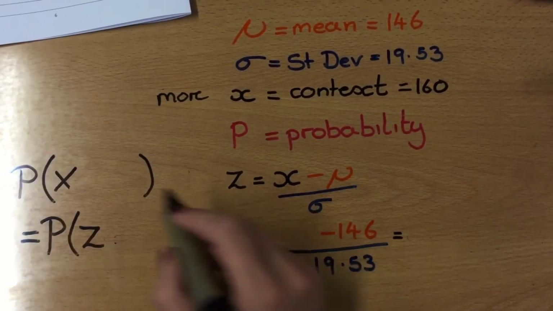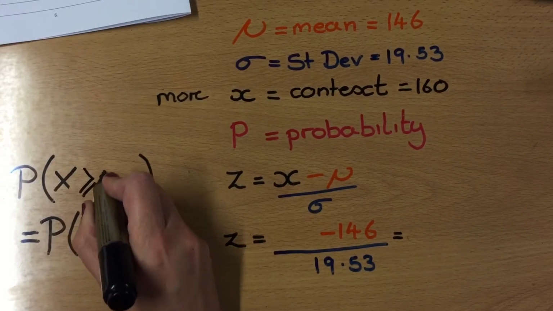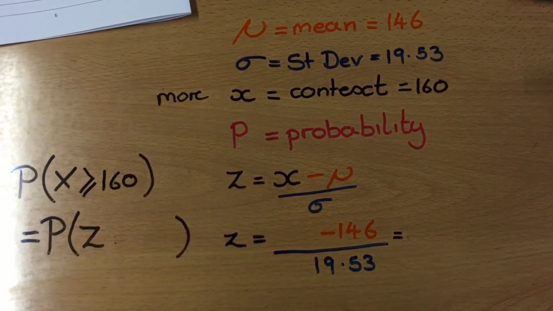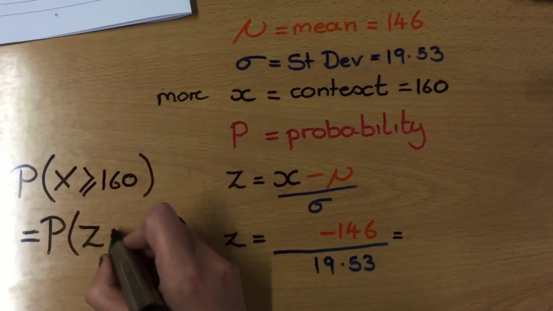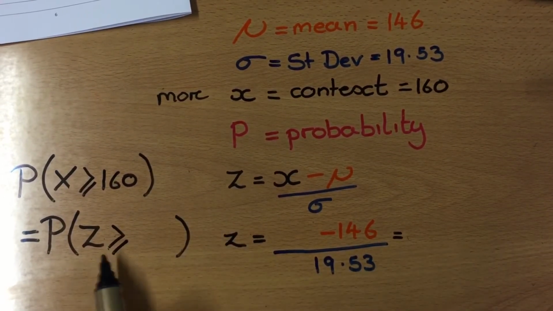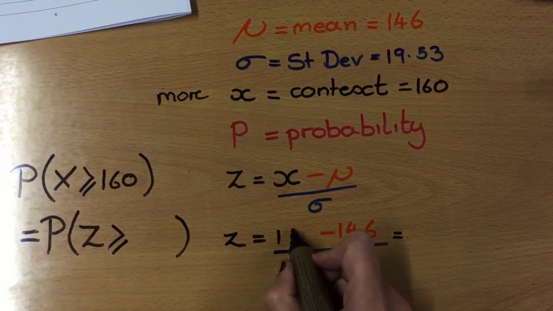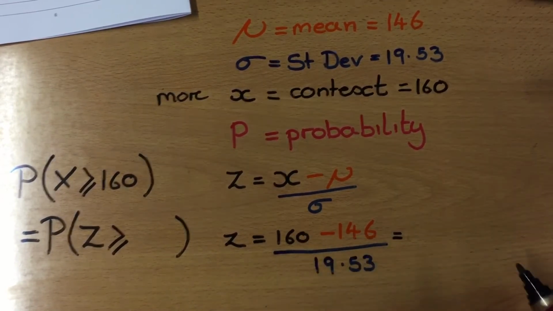So, context. We want the probability that x is more than our number in context. Then we're going to want that Z is more than our number in context. So Z, we're going to need to know what X is to be able to work out what Z is.